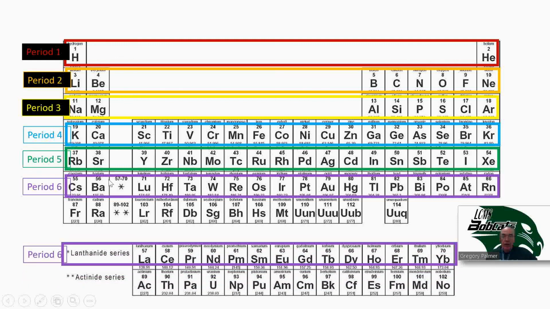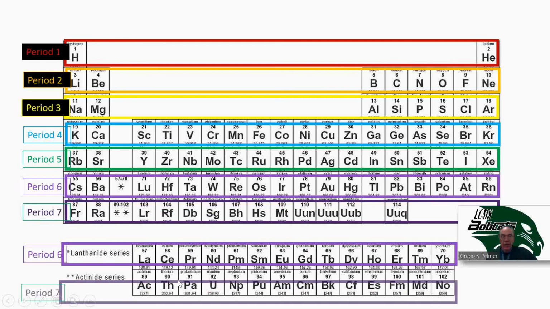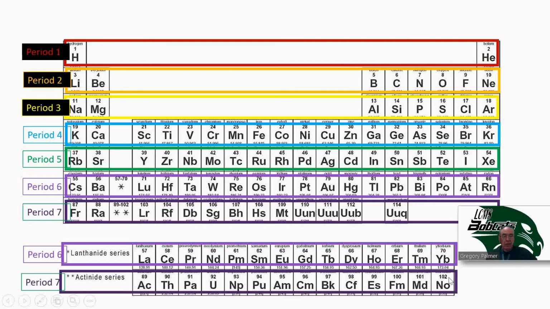So it's like it goes 55, 56, and then stuck in here where they got this little box should be 57 to 70, and then it picks back up 71 here. And then you see the same kind of thing here. It has 2 stars here, so it goes 87, 88, 89 to 102, and then here is 103.